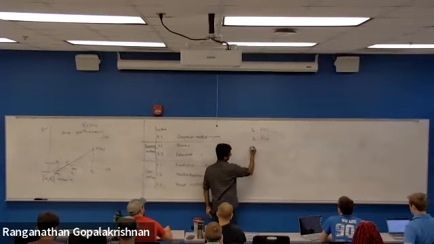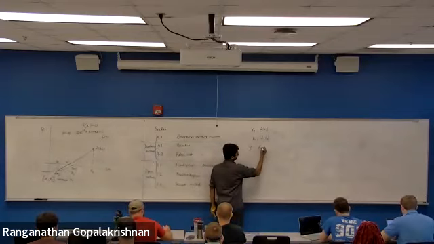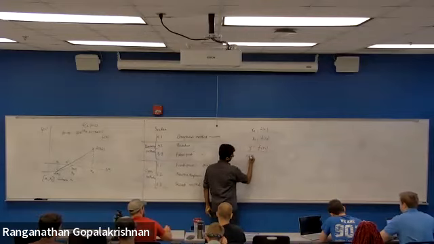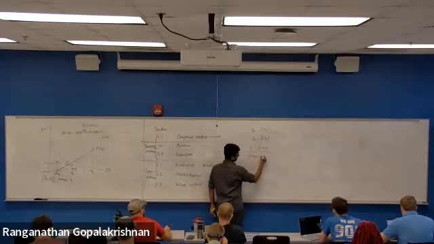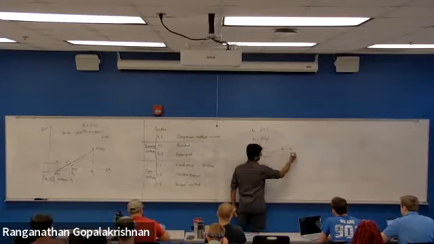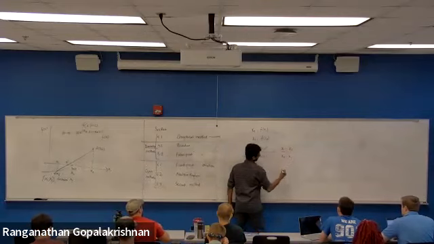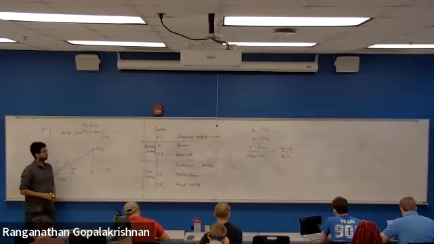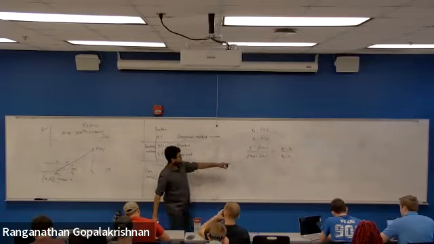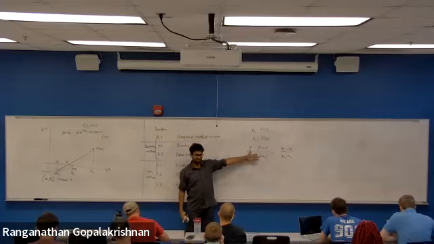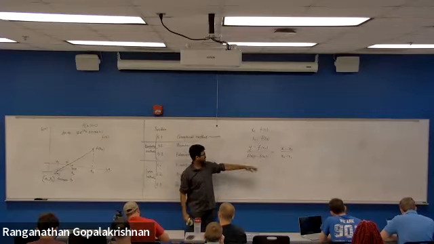You will write (y minus f of x1) divided by (f of x2 minus f of x1) equal to (x minus x1) divided by (x2 minus x1). You have seen this before, right? This is just algebra or geometry, whatever you want to call it.